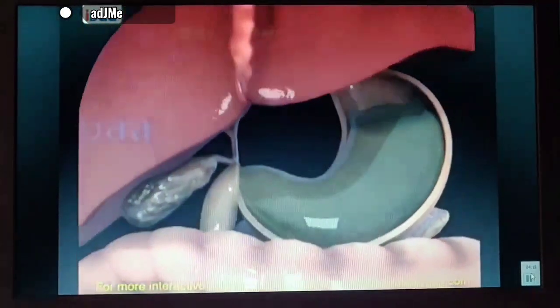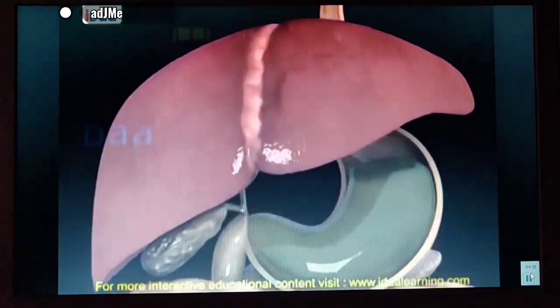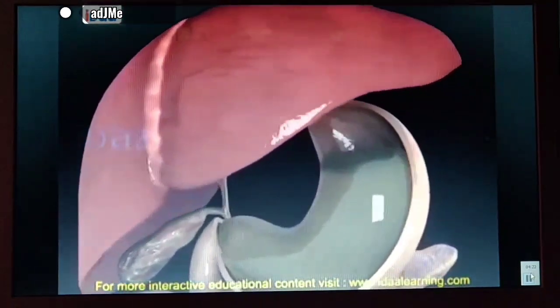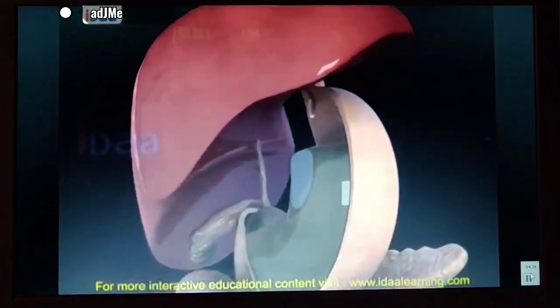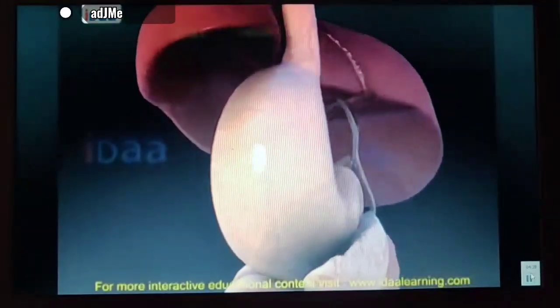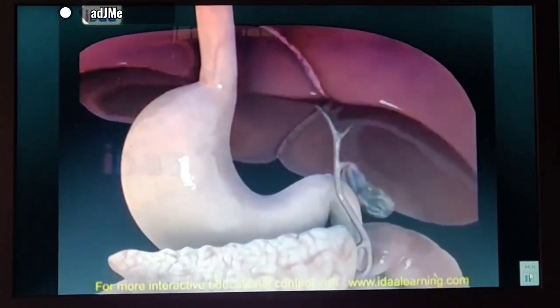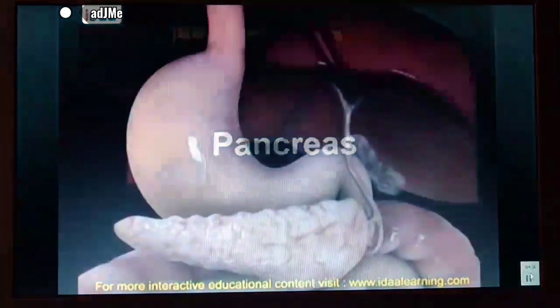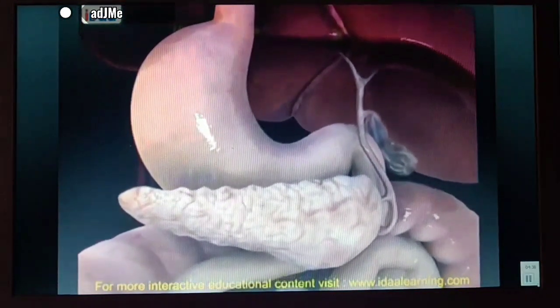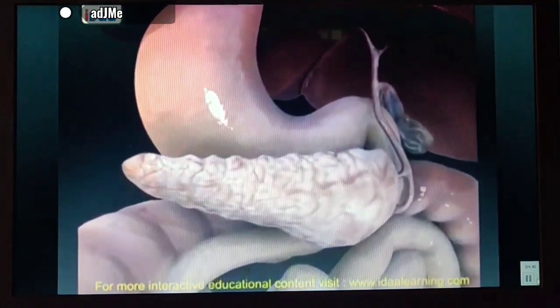The liver is the largest gland found in our body, which comprises three flaps. And the liver produces an important secretion named bile juice. This bile juice is stored in a structure called the gallbladder, and from the gallbladder it is sent to the duodenum.